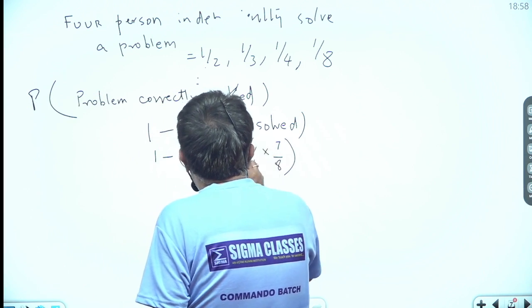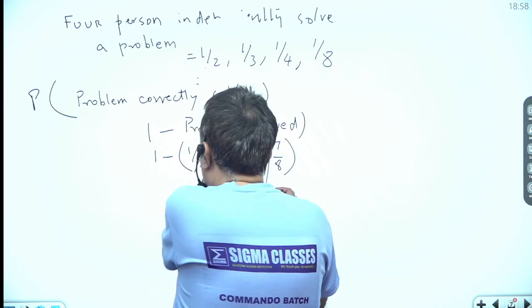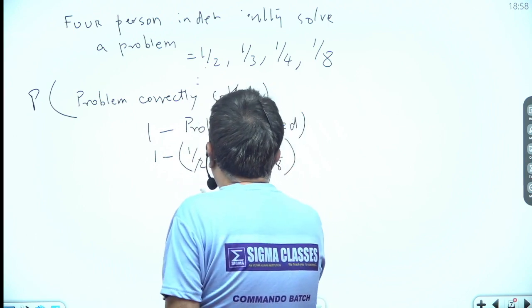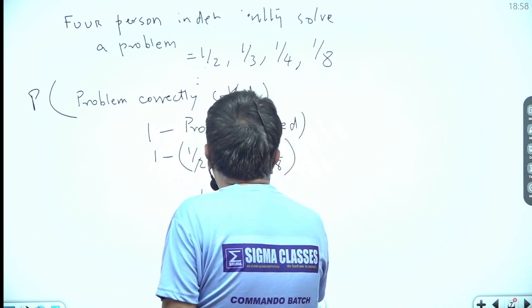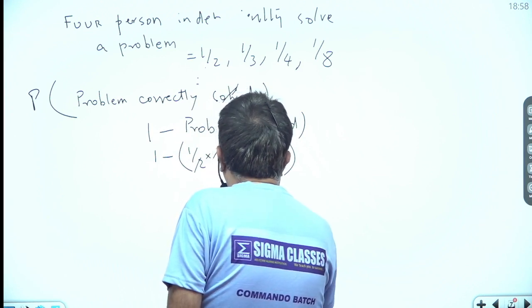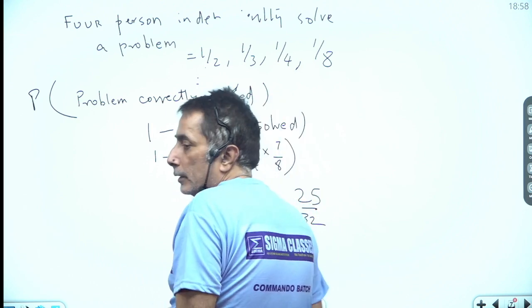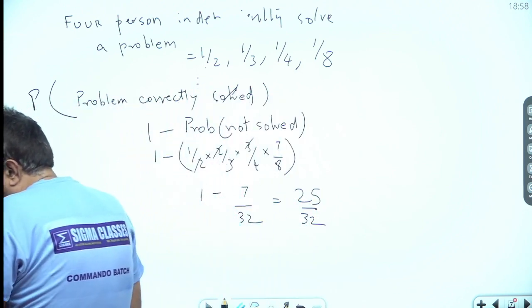So you clearly have 1 minus 7 by 32. So 25 by 32 is the probability the problem is solved.